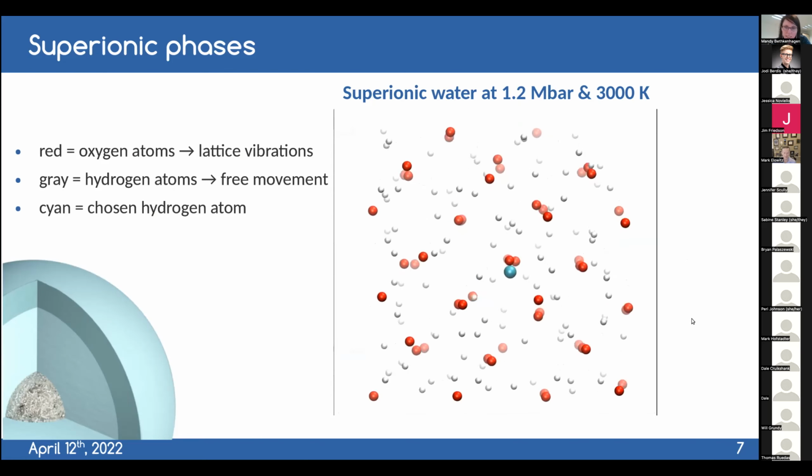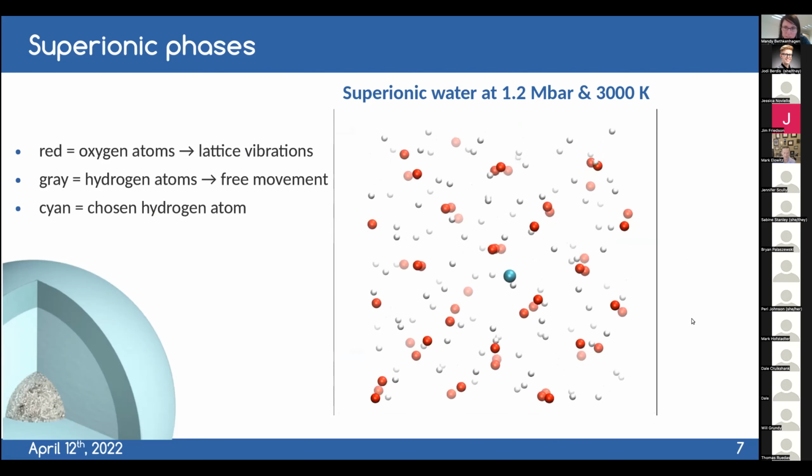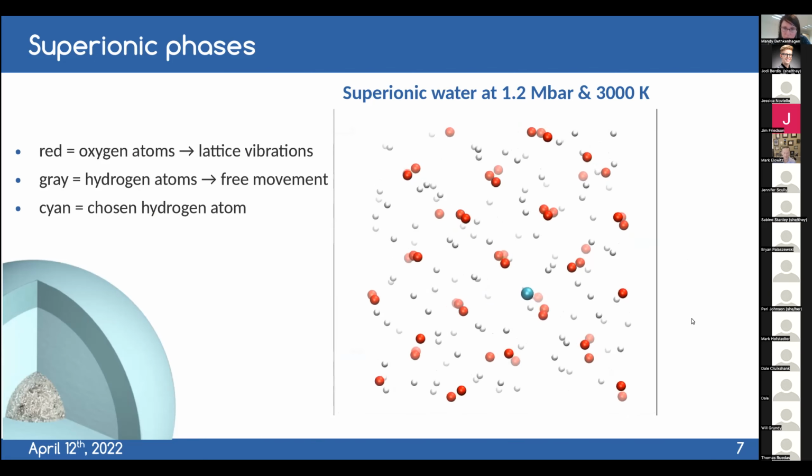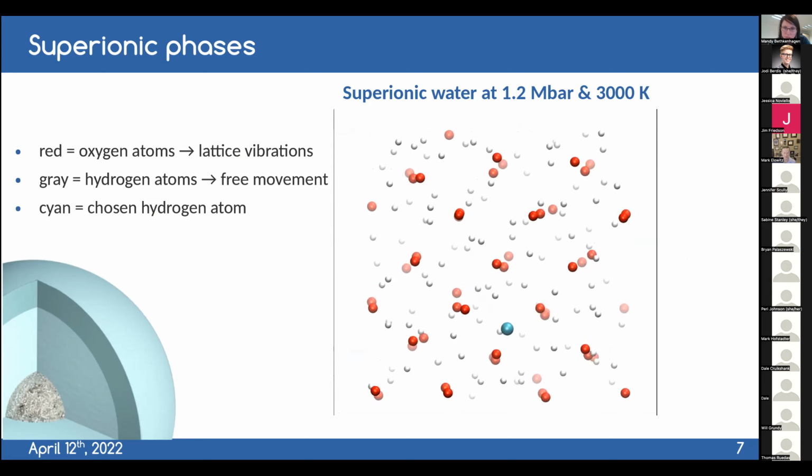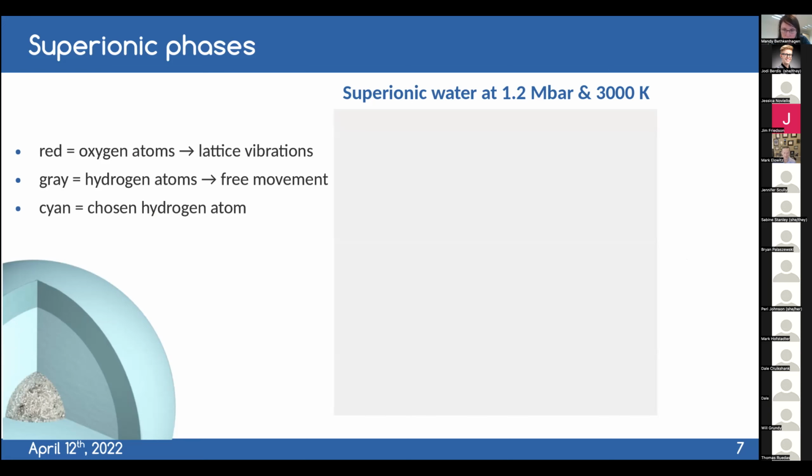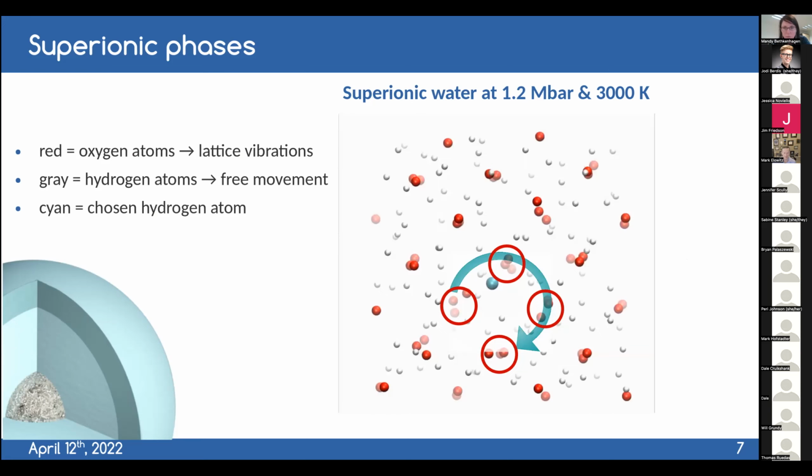So you can basically see that we have this cyan atom moving from different oxygen sites and moving around in between oxygen sites. And if the video might have been a little bit too quick, I tried to make a little schematic of what was happening here. So basically in these four red circles, we see that the oxygen ions are vibrating on their fixed lattice positions.